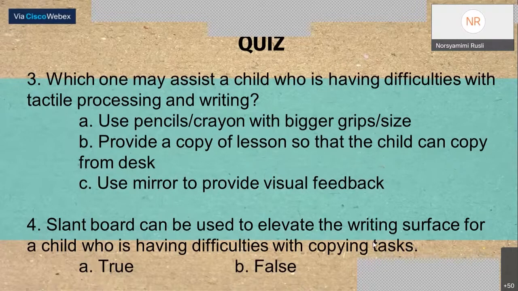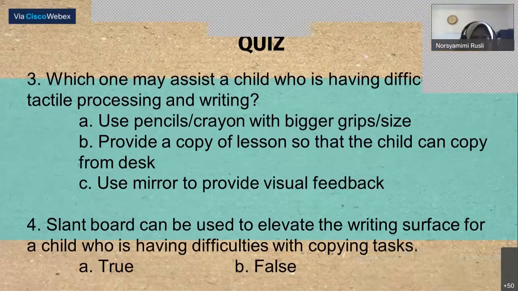C, use a mirror to provide visual feedback. Which one can assist children who have tactile processing difficulties in writing? A, good. Everyone got the answer A? Yes, letter A.